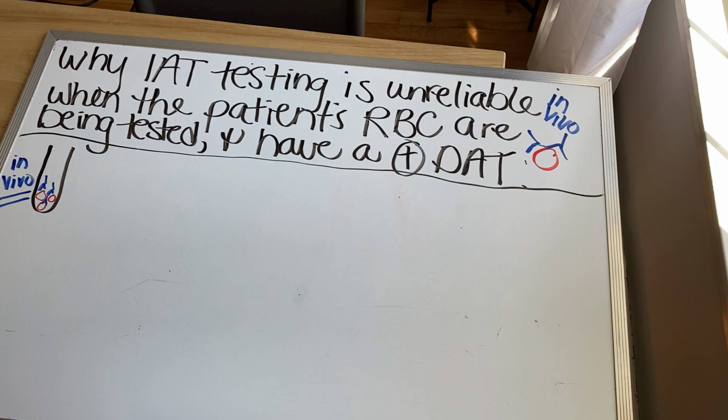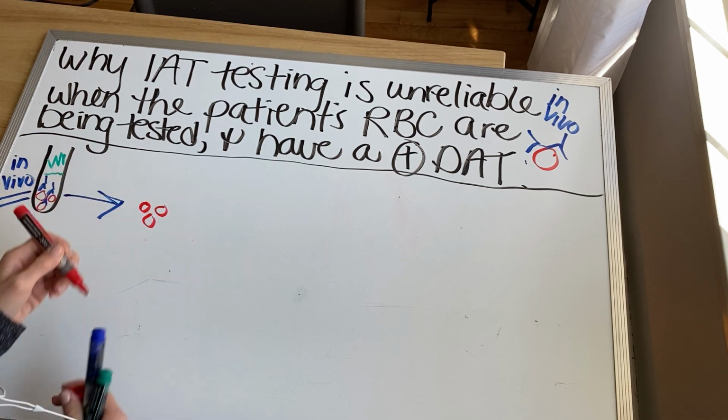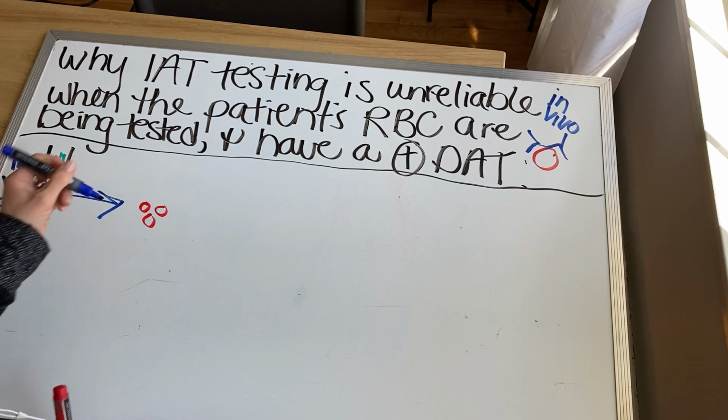And what's the IAT test? It's the indirect method. So we pull this from the patient's arm, we spin it down, red cells on the bottom, plasma on the top. We have plasma up here. And then we do our DAT test. The DAT test is direct. So we take the patient's red cells that are coated with an antibody.